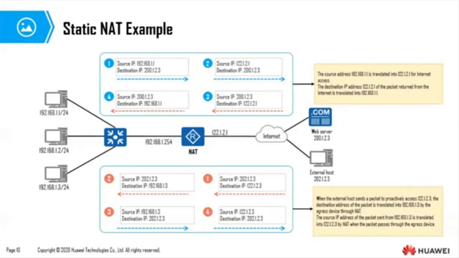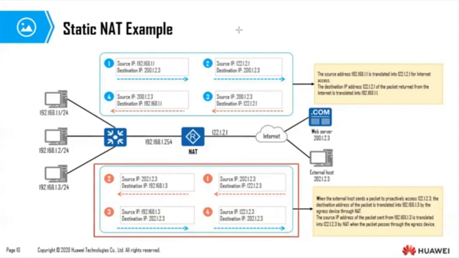Okay. So in this second example, we have this external host that wants to access our internal host 192.168.1.3. So the destination IP address is going to be the public IP address 122.1.2.3.